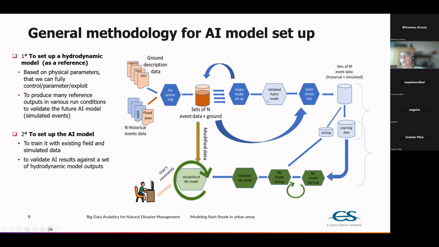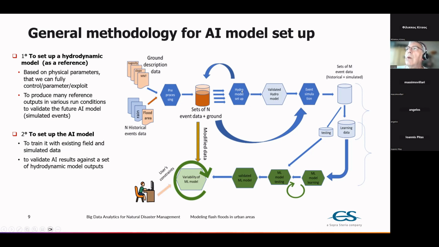And the advantage we have here is that, having this hydrological model, we can rerun it, changing the input data to produce event simulations, to increase the number of events that we have. Historical events are actually not that many to train an AI model.